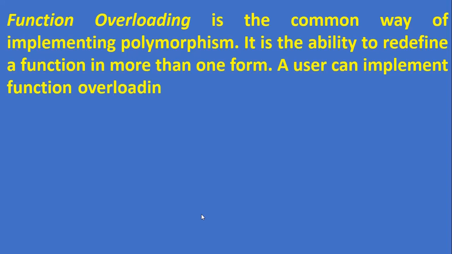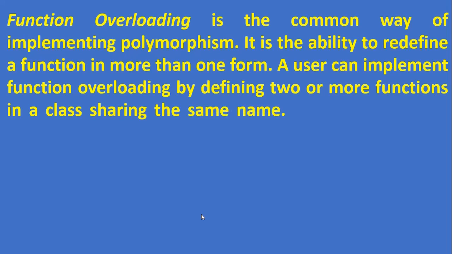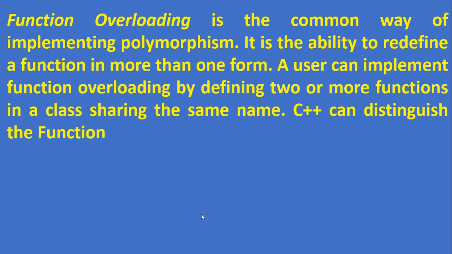But when we do function overloading, it provides the facility to declare all three functions with the same name, but the parameters or the data types must be different. We will learn and see practically in the coming lecture how we can implement function overloading.